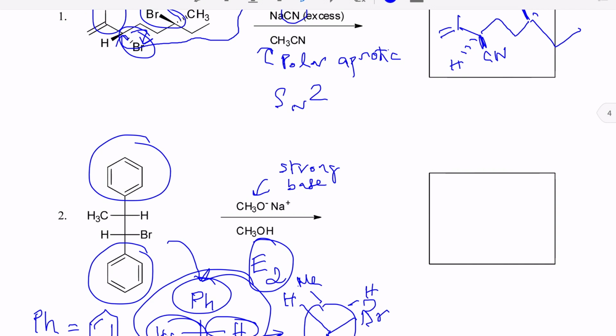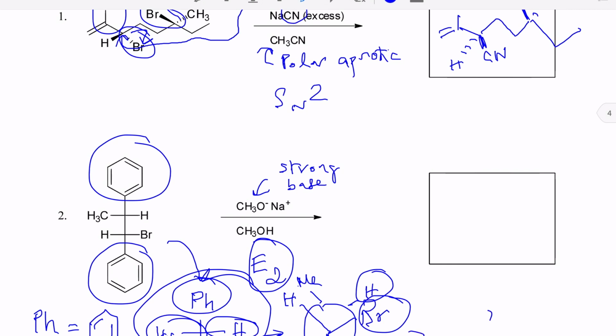So we can adjust this Newman projection in such a way that we get the hydrogen atom and the bromine group to be anti-periplanar to each other.